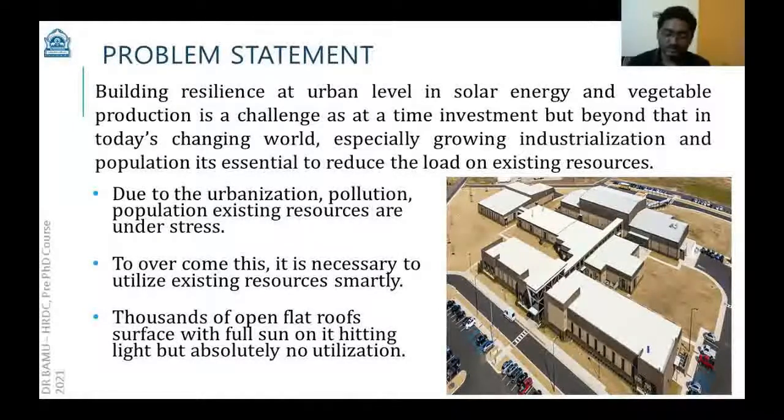Because of growing population, urbanization, and industrialization, there is a lot of stress on existing resources, for example electricity and power. Because of industrialization, urbanization, and population, more and more will be required.